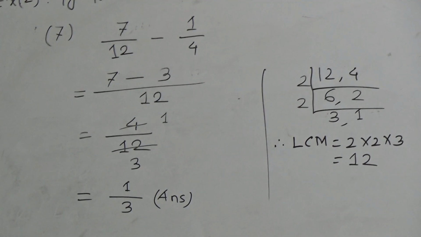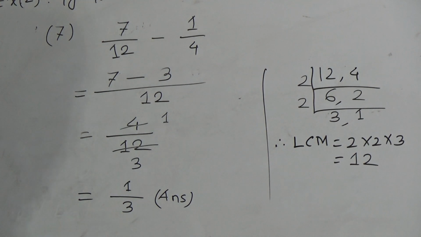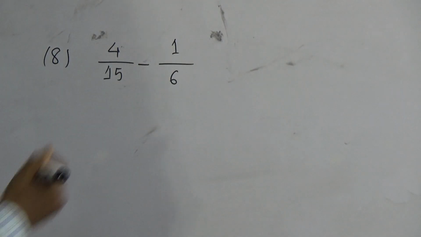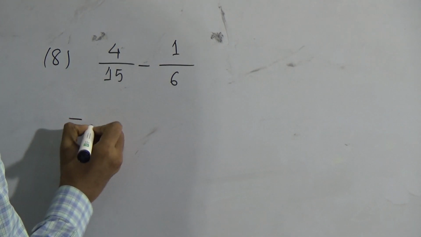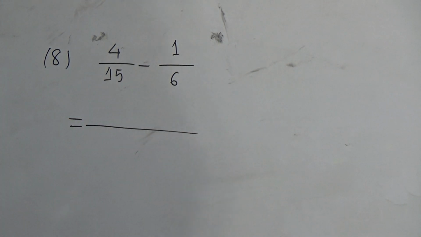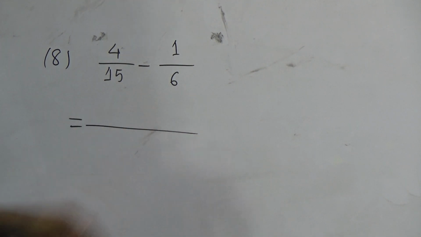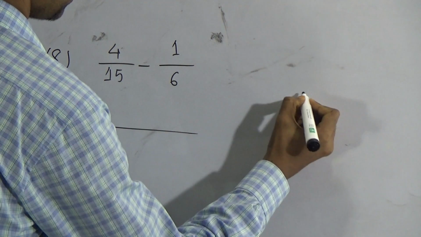Okay, student. Now question number 8. See question number 8. You see, this is 15 and this is 6. 15 and 6. So I do the LCM.